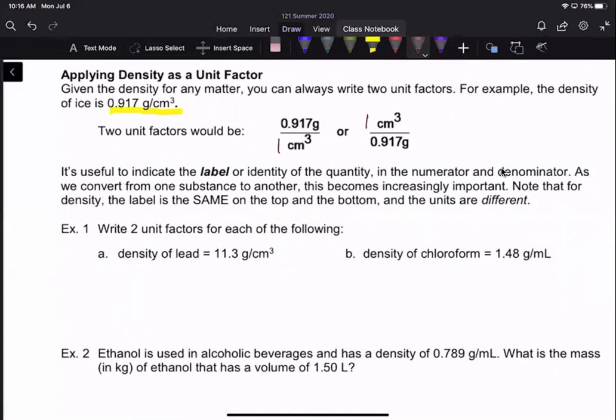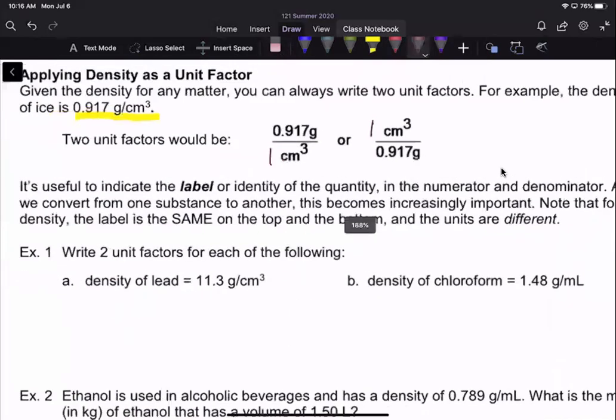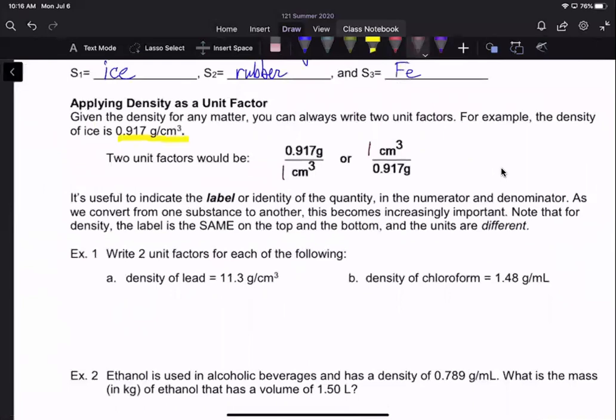I could also add my label here, 1 centimeter cubed of ice is the same as 0.917 grams of ice. Notice that the units are different, but the labels are the same.